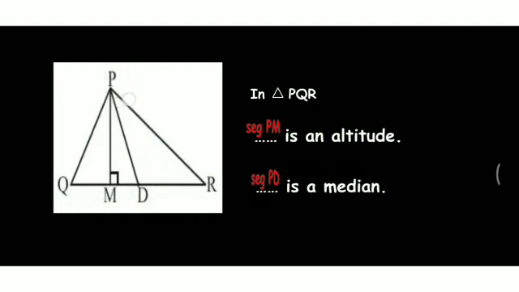So P is the vertex and point D is the midpoint of the opposite side QR. So segment QD will be equal to segment DR and D will be the midpoint. So this line will be the median of this triangle. So segment PD is a median and segment PM is an altitude.